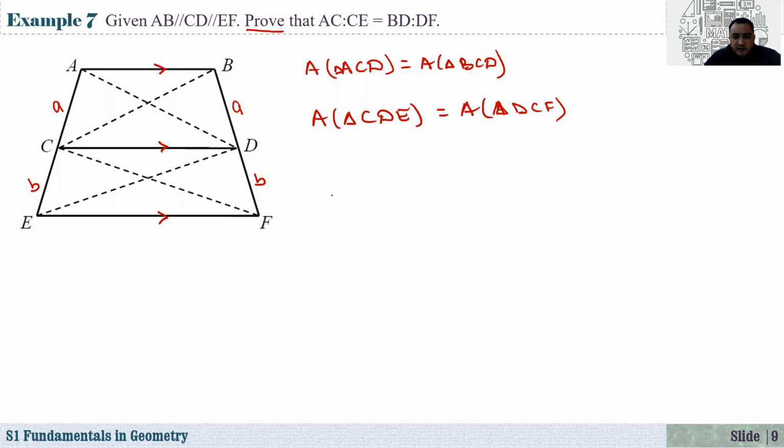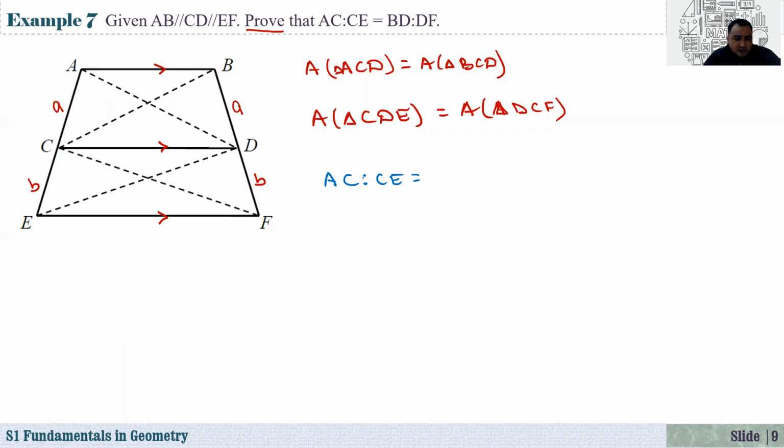So now if you want to find AC to CE, let me just change the color here. Okay. So now we are going to show that AC to CE is equal to BD to DF. So AC to CE, right? That is AC to CE. What is it?